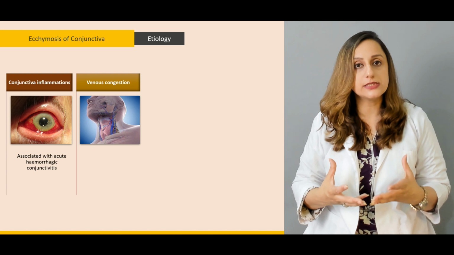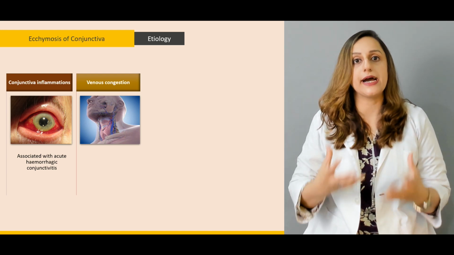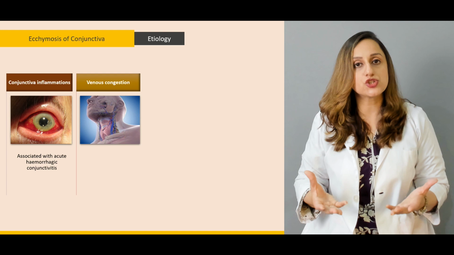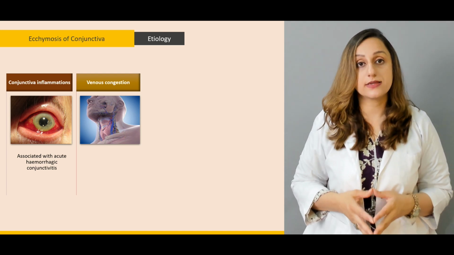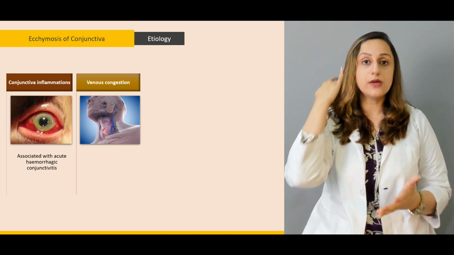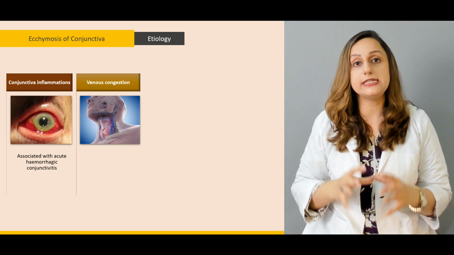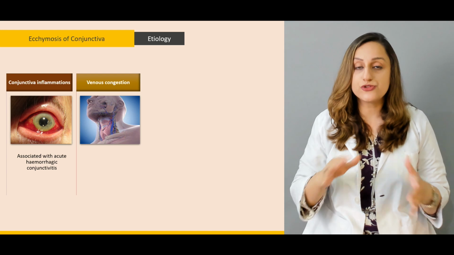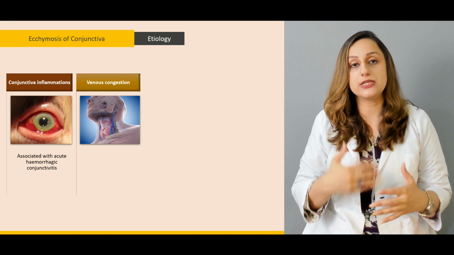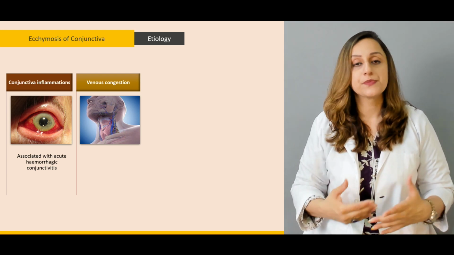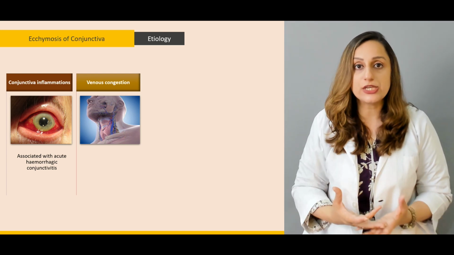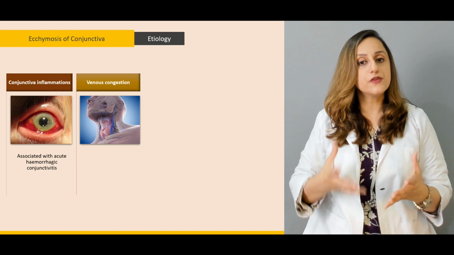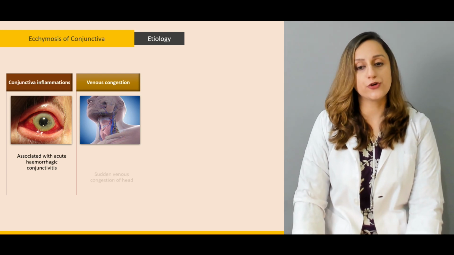So that would basically cause venous congestion in the eyeball and result in such ecchymotic conditions of the eye. So it is very important to take the history in detail from the patient, and that would reveal whether there was any strain on the thoracic cavity or on the neck of the individual, whether there was any history of strangulation. All of these are very important to focus upon over here.